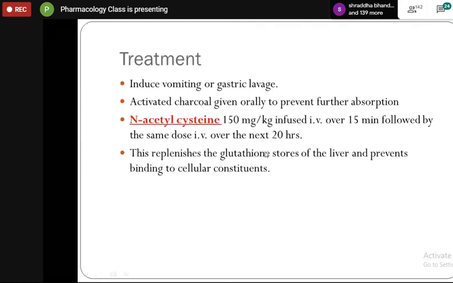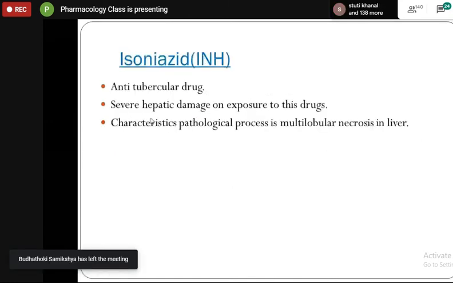Other symptomatic treatment includes inducing vomiting or gastric lavage to prevent further absorption of the drug, and activated charcoal is given orally to prevent further absorption. But what you have to remember is the specific antidote for paracetamol. This might be asked during your viva or even in MCQ-type questions.